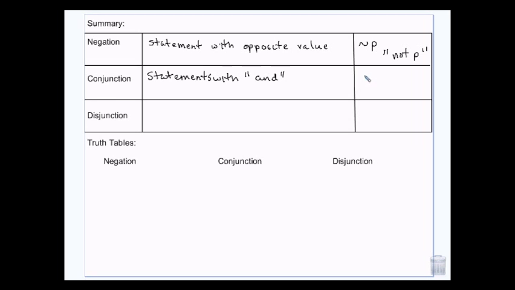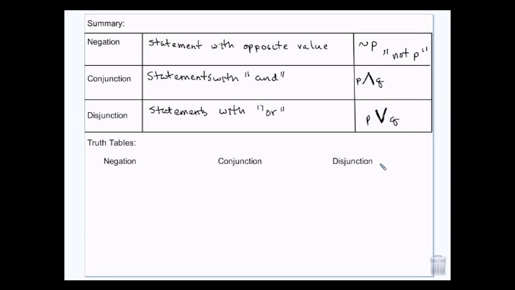The symbol is an upside down V. So P and Q. Disjunction is with or. And its symbol is a V. P or Q. Okay.